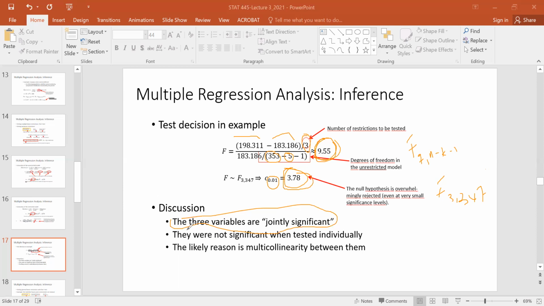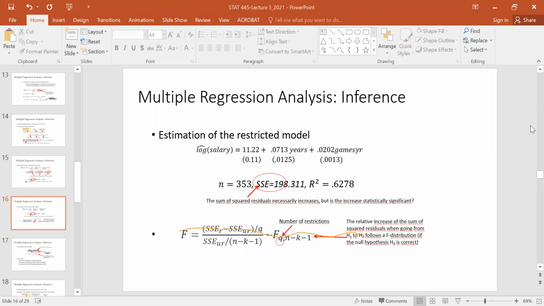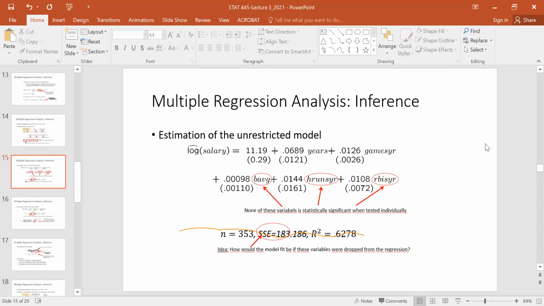Okay, now there's a statement here which says they were not significant when tested individually. Let's check that and see whether it's true. So let me get my calculator.